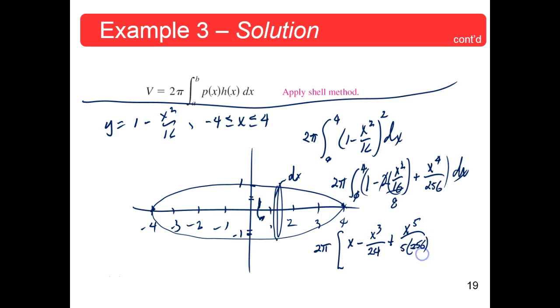I don't want to do that one in my head. Okay? All right, the fractions stink. Maybe the cylindrical method would have been better, but I have a feeling you're going to have messy numbers no matter how you do it.